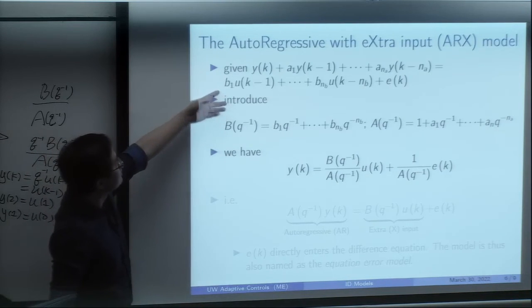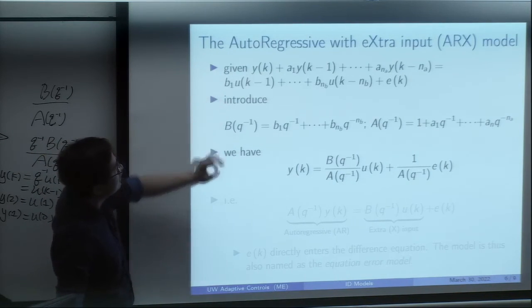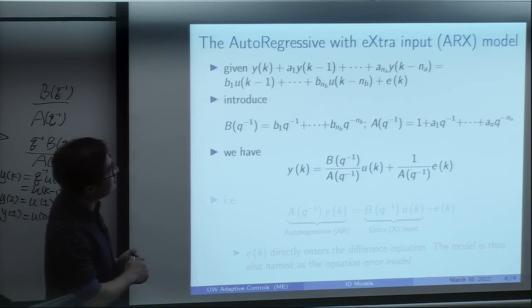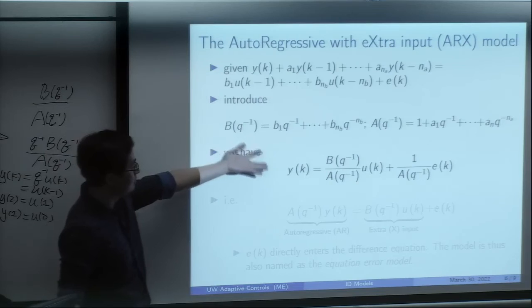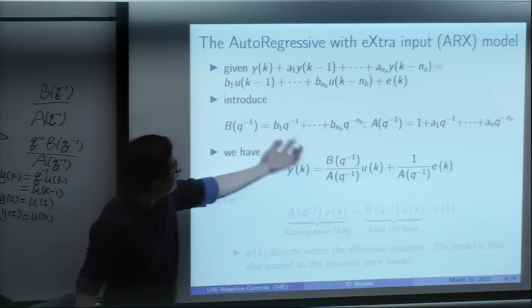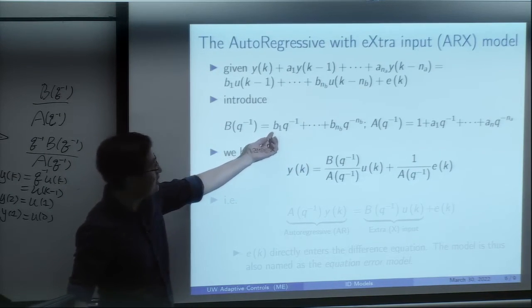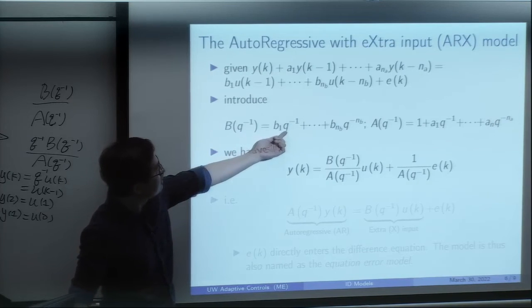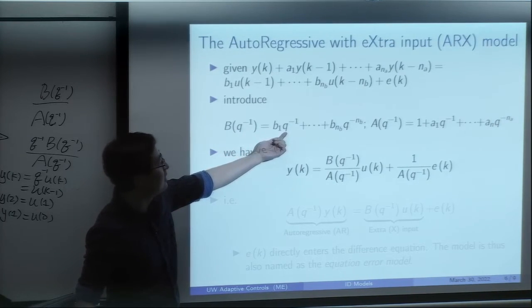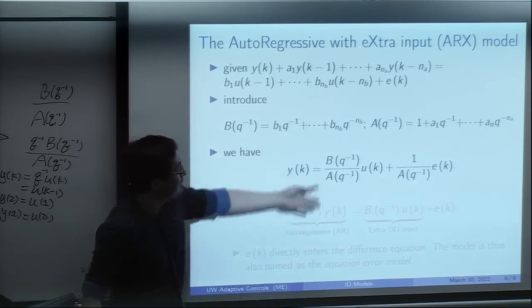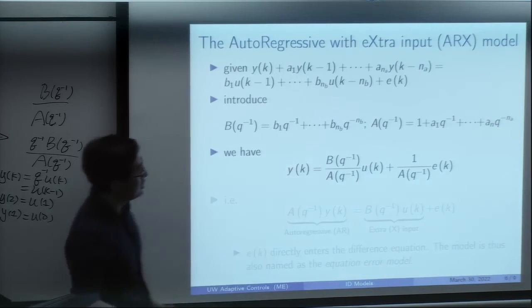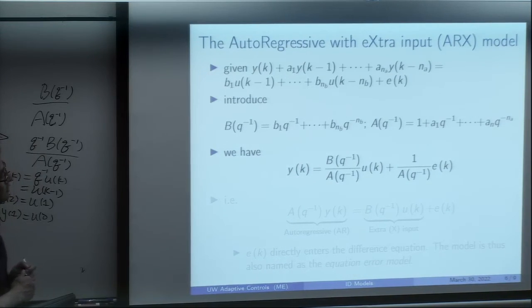So here, let's put this into a little bit of practice and then introduce a new concept. I already talked about this, and you can see B(q) has at least one step delay here. But in this slide, I'm using the more general transfer operator.